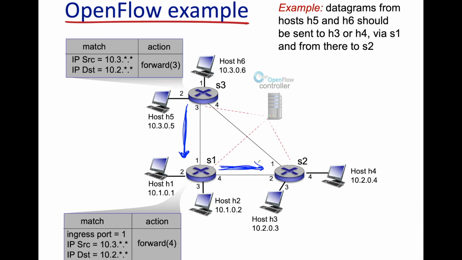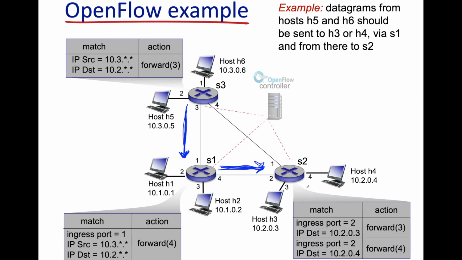That's this edge. And so now that means between the match action rule in S3 and router S1, you're going to get the following flow going down along this edge, forwarded out port 4, arriving at router S2.